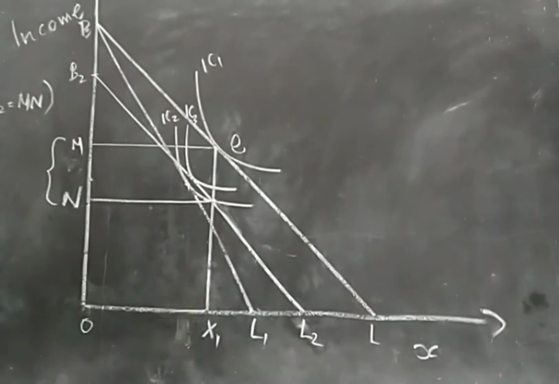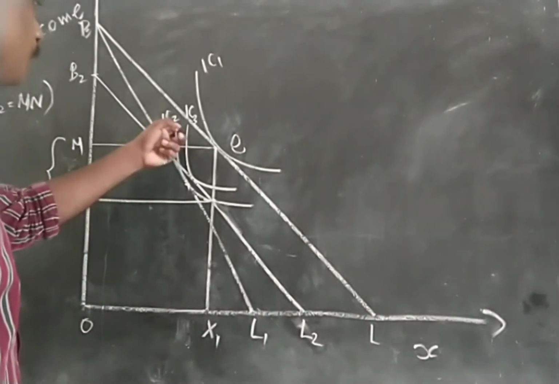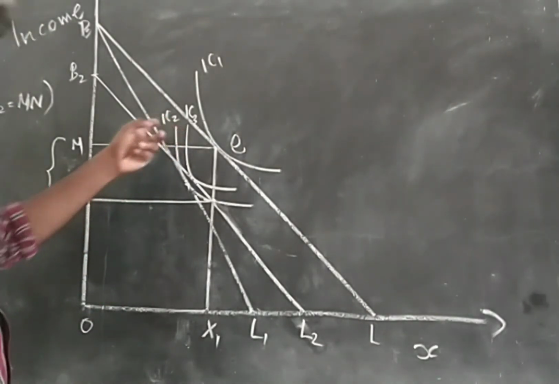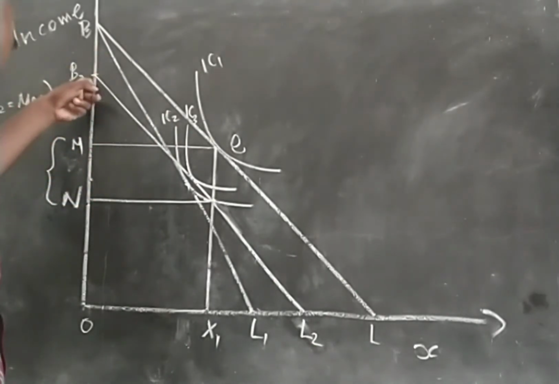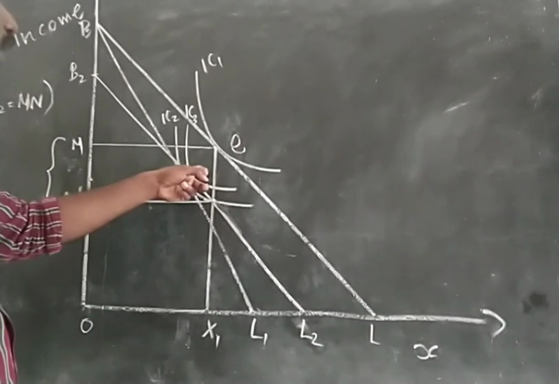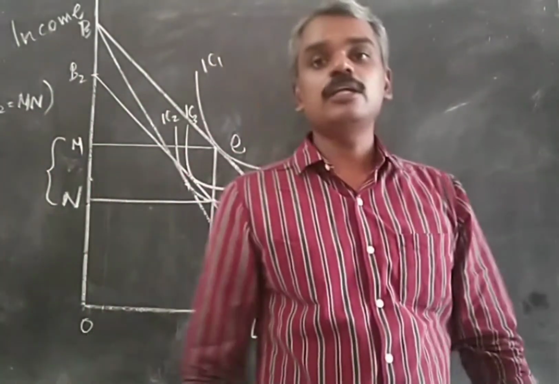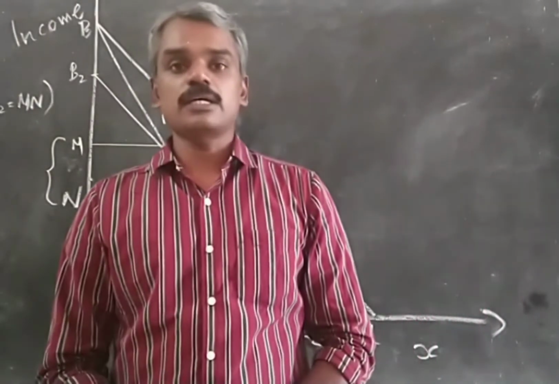So after the imposition of a direct tax, the consumer can be on IC3, whereas after the indirect tax he was on IC2. An equivalent amount of income raised through direct tax resulted in the consumer being on a higher indifference curve IC3.